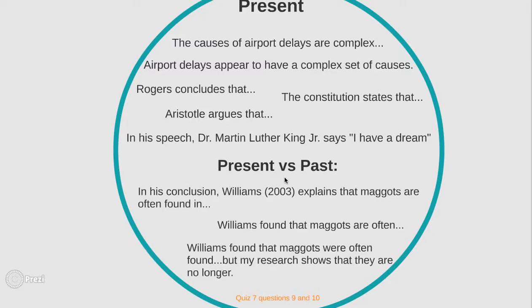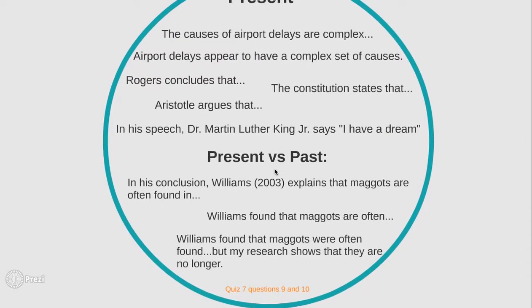All right, so present versus past. I was getting into this earlier. In his conclusion, Williams explains that maggots are often found in walls. Let's say that. Okay? So this is using the present tense because we're talking about something that he writes in the paper, that he says in the paper.